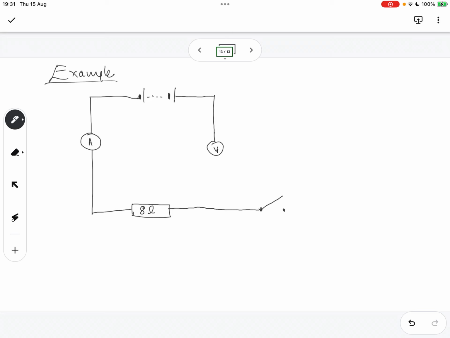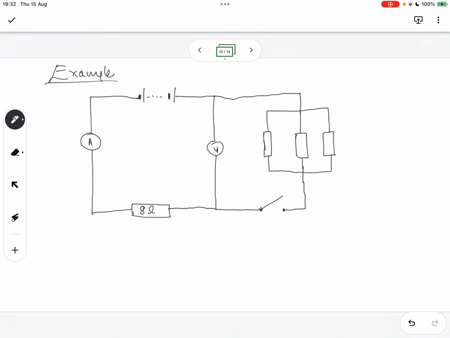A voltmeter connected in parallel. Right. And then our circuit is complete.